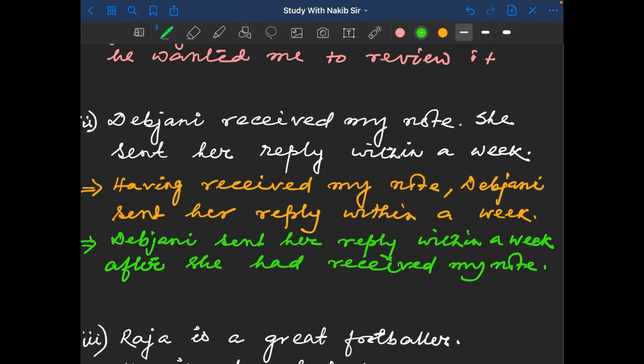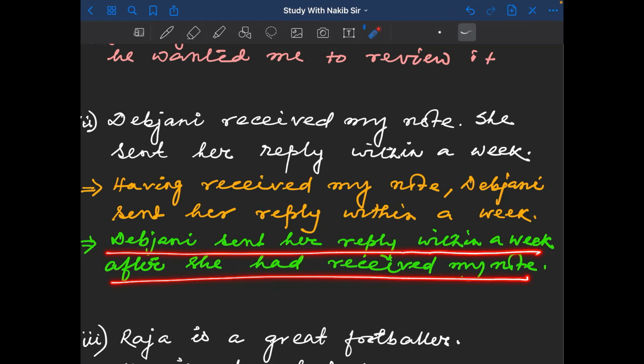Past perfect tense. This is a complex sentence of past perfect tense. Devjani sent her reply within a week. When? After she had received my note. Okay.